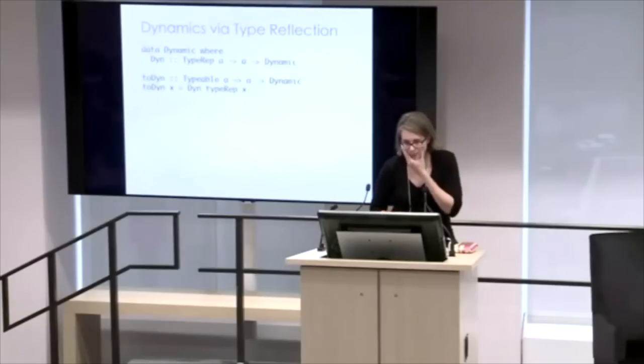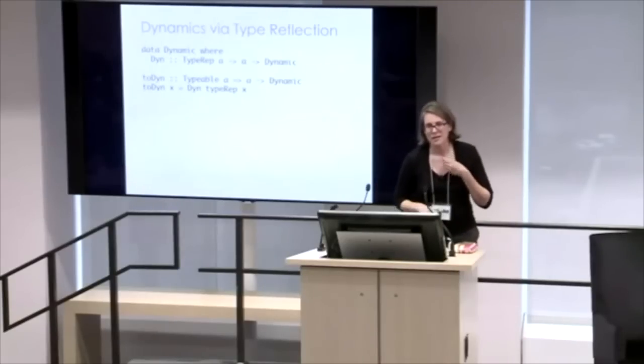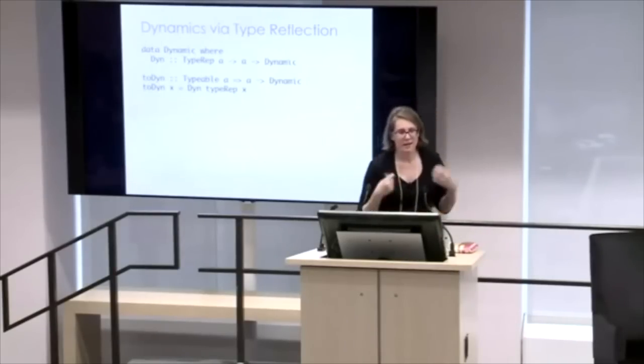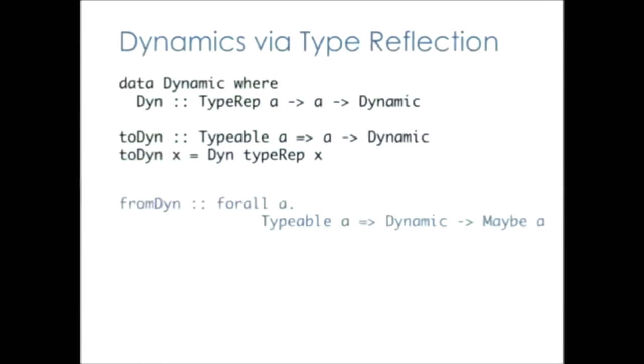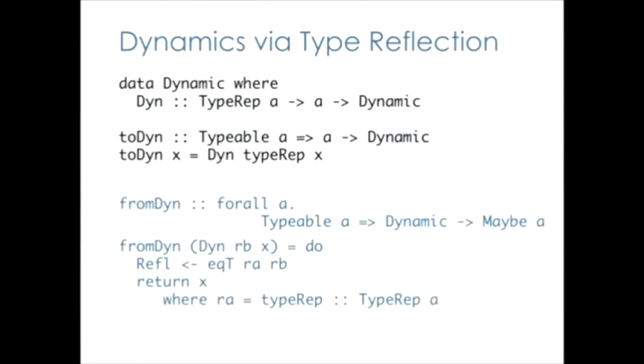So back to our example. Here was our definition of Dynamic. Here we're creating dynamics by adding those type representations. Now this time, we can write fromDyn by just pulling out that representation and comparing it to the representation of A using eqt.